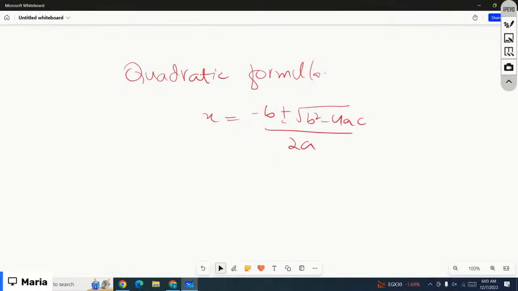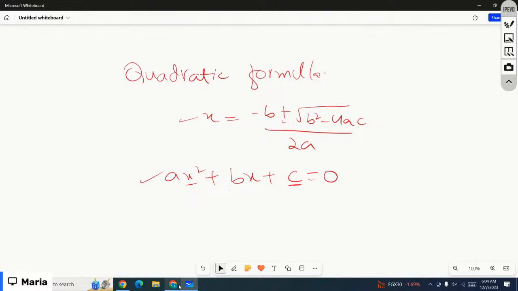This is the quadratic formula, and it is for an equation in the form ax square plus bx plus c. The coefficient of x square is a, the coefficient of x is b, and the one without the variable is c. If you have an equation in this form, then you apply this quadratic formula. Let's start with the lesson.